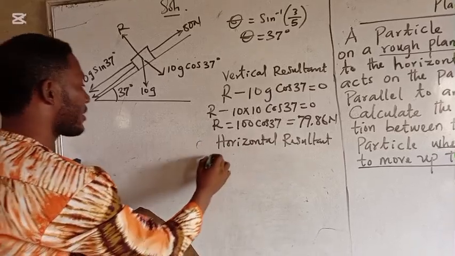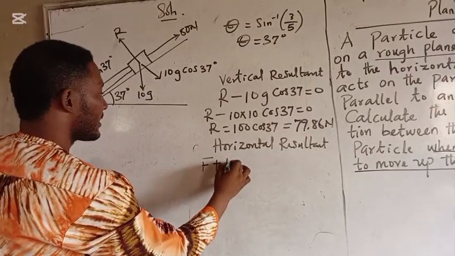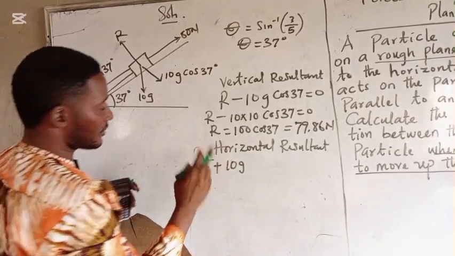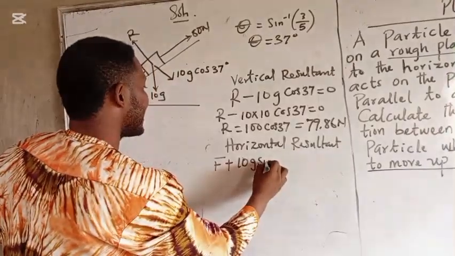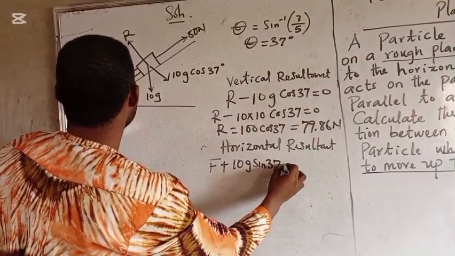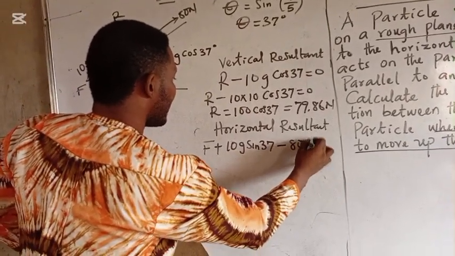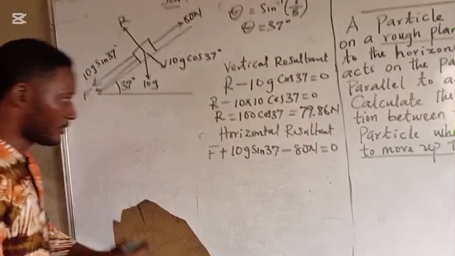So horizontally, we are going to have F plus 10g. Remember, g is acceleration due to gravity, not grams. So that is sine 37, and then you subtract this from it, that's minus 80 newtons equals 0.